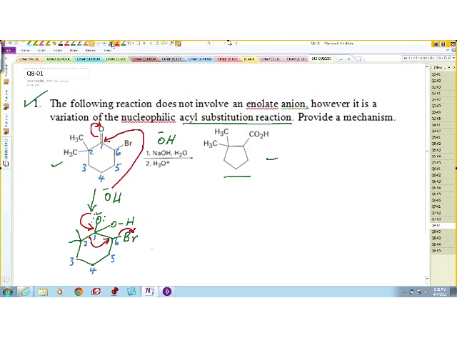And then what do we have? So you guys already know the mechanism then. So we have this.